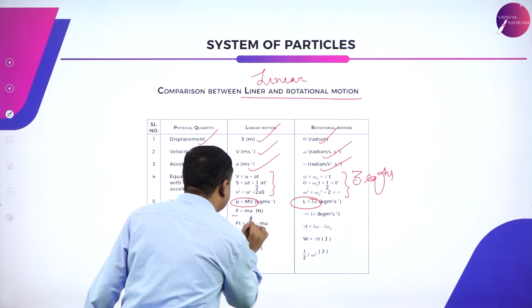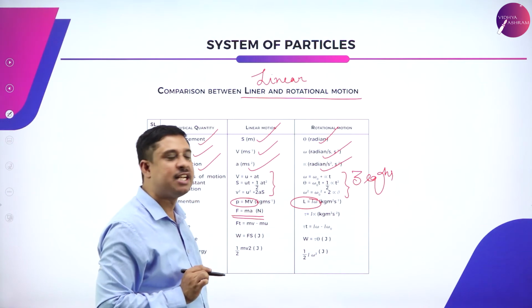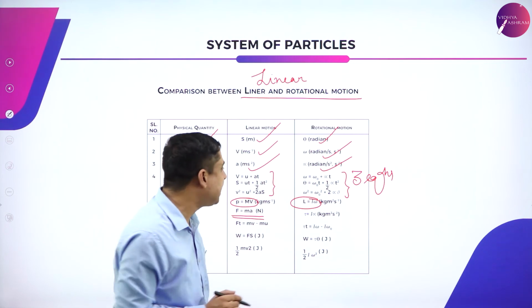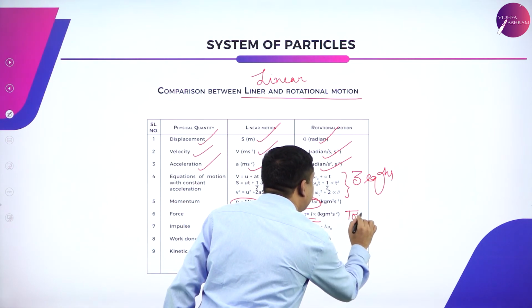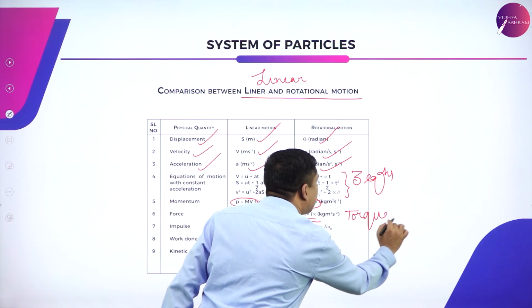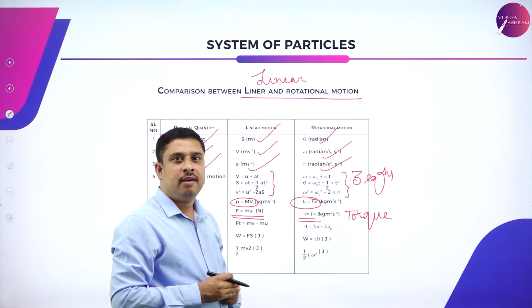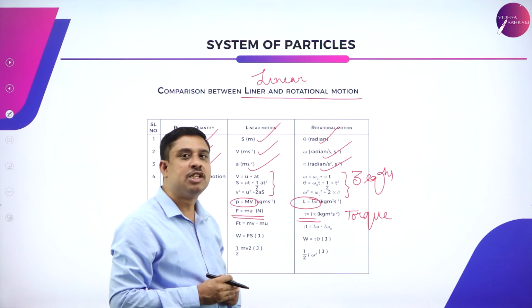Force, linear motion, mass into acceleration. What do you call force in rotational motion? I was very clear. Torque, which is I alpha. In linear motion when we say force, the corresponding quantity in rotational motion is torque.